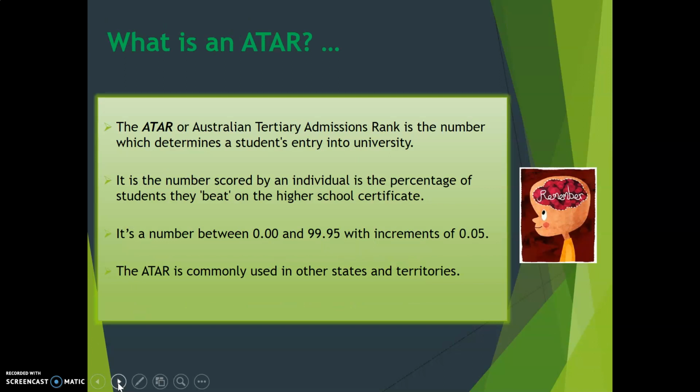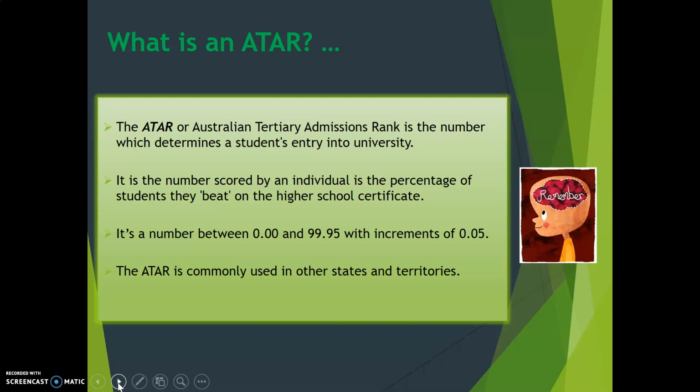The ATAR, or Australian Tertiary Admissions Rank, is the number which determines a student's entry into university. It is a number scored by an individual, and it is the percentage of students that you beat on your higher school certificate. It is classed as a number between 0.00 and 99.95, and it increases in increments of 0.05.